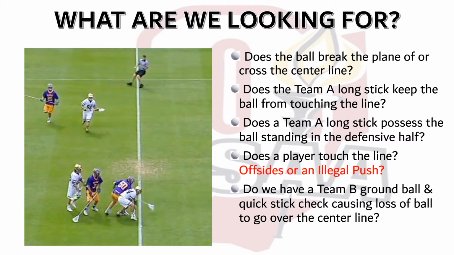If they do, that's legal. But if they reach over with the long stick and actually grab the ball and possess it, then we have a violation. Also, if they use any part of their body to touch the ball while they're in the defensive half of the field, that is also a turnover.